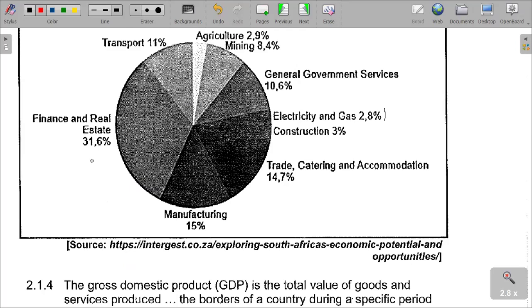The highest percentage, I see 31 here, we see 14, 32, 10, 8. So finance and real estate, we have 31%. And then the least, we are saying 3%, which is also not correct. We have the lowest, which is 2.8%, electricity and gas.